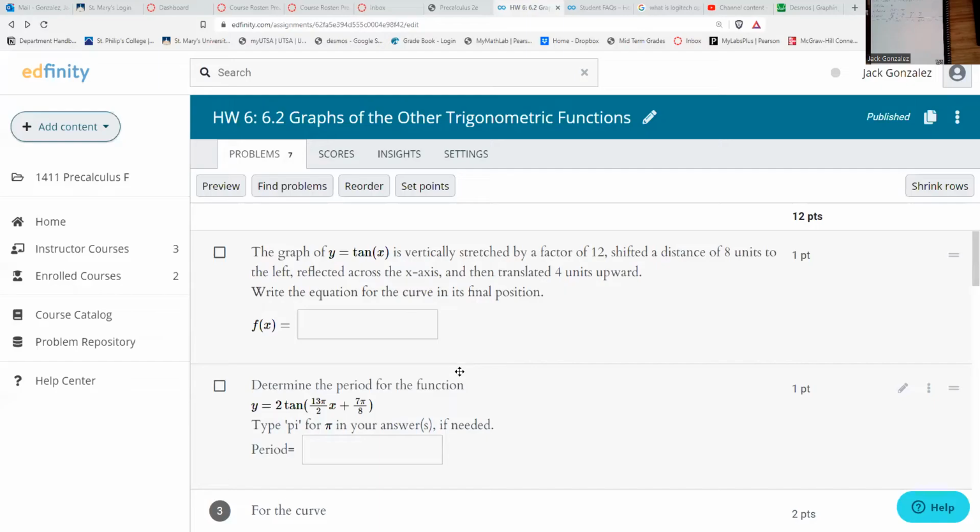On the first one here, they give us tangent and they ask if we can give them an equation that does all these things. So example 1. The graph of tan x is stretched by a factor of 12, shifted a distance of 8 units to the left, and then reflected, and then translated upward 4.